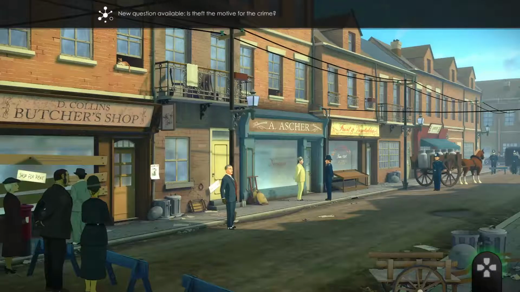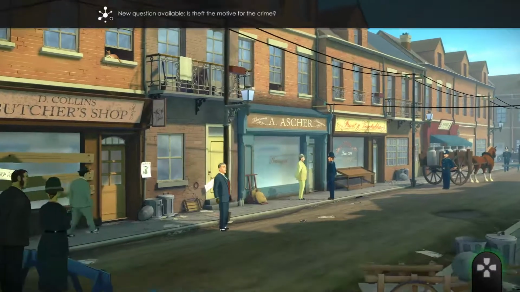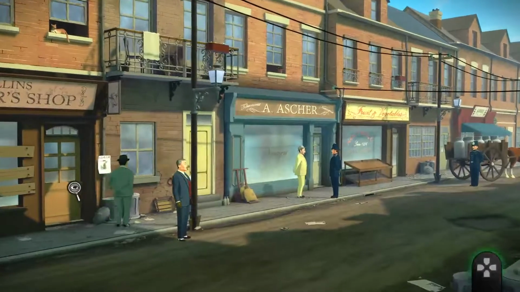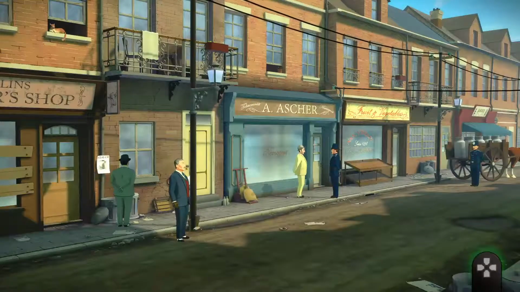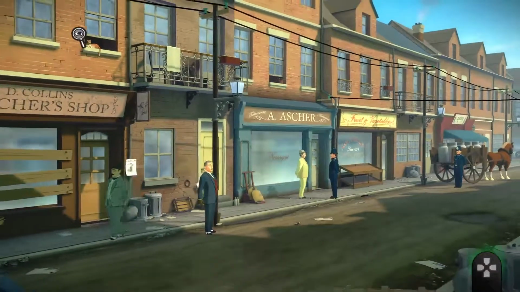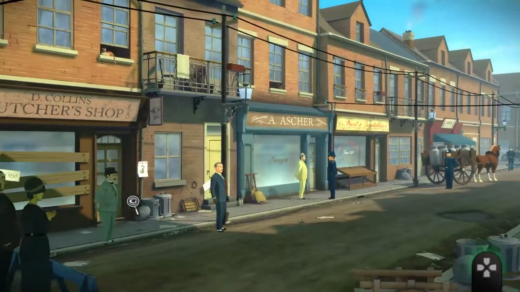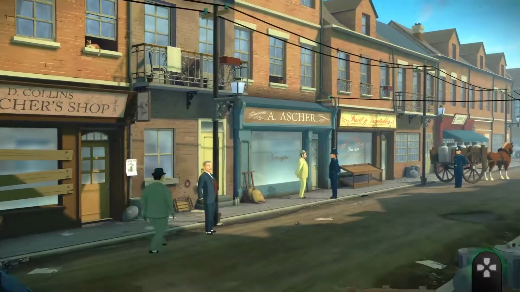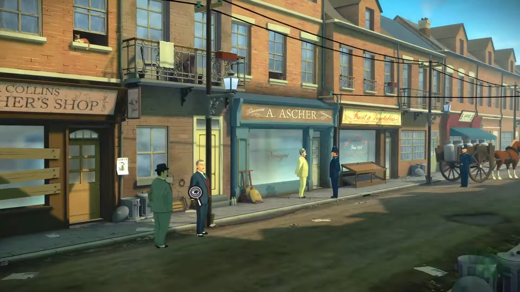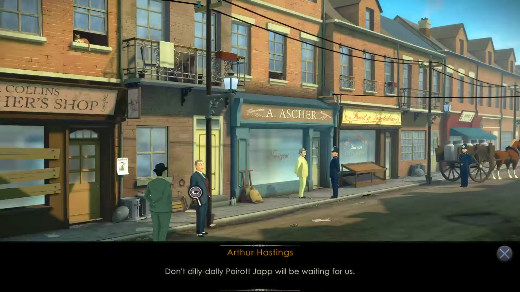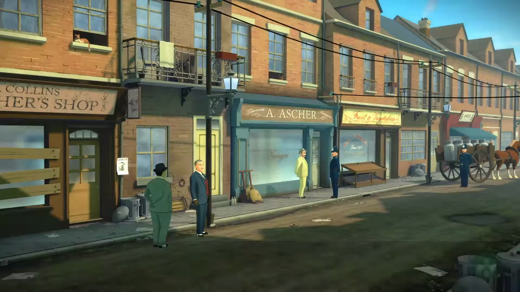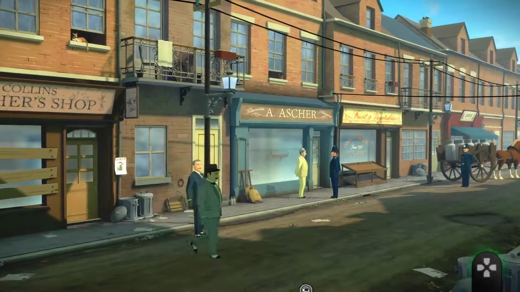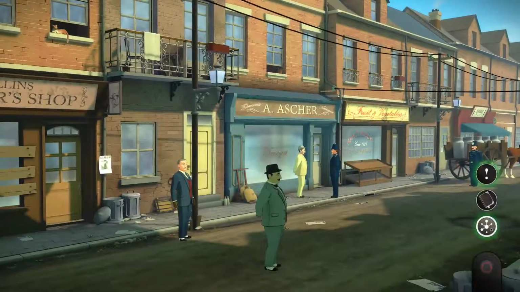Is theft the motive of the crime? Interesting. Oh. Yeah, let's speak to him. Don't dilly-dally, Poirot. Chap will be waiting for us. What's this do? What are all these?